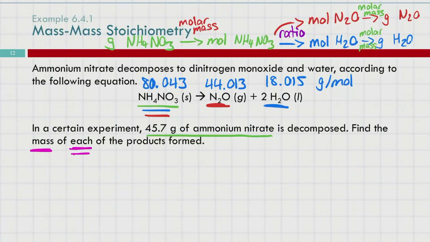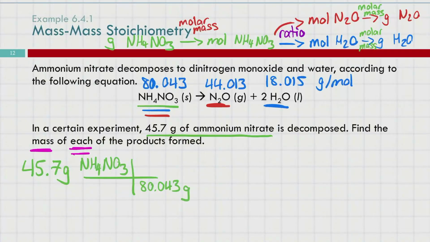All right, so starting with our 45.7 grams of ammonium nitrate, we need to convert that to moles of ammonium nitrate, so we're going to divide by our molar mass. That puts the grams on the bottom, and since the moles were on the bottom already, they flip to the top.